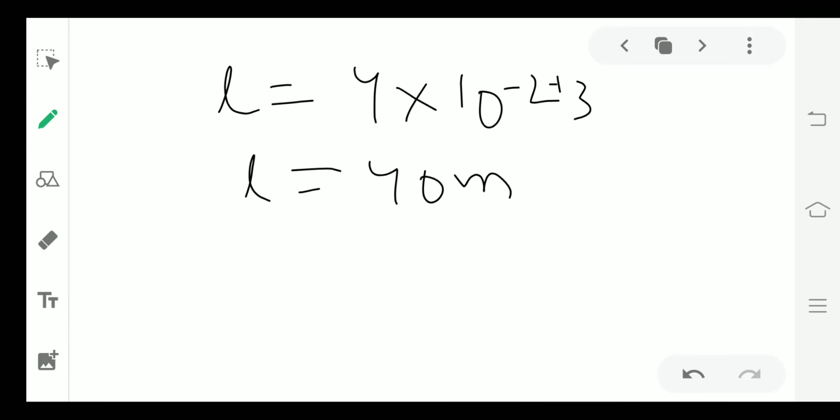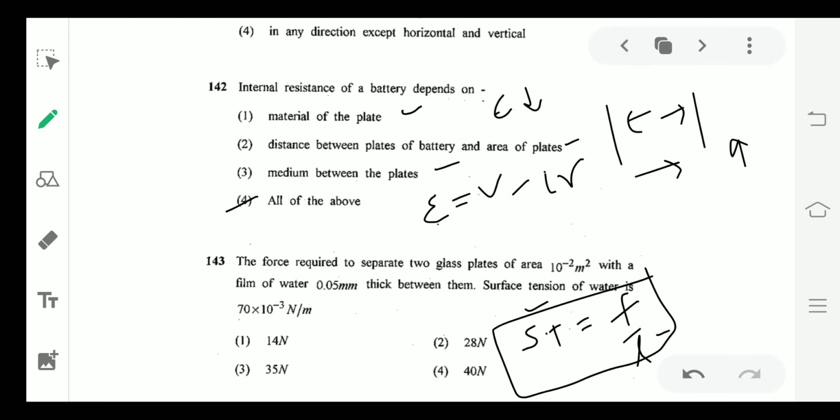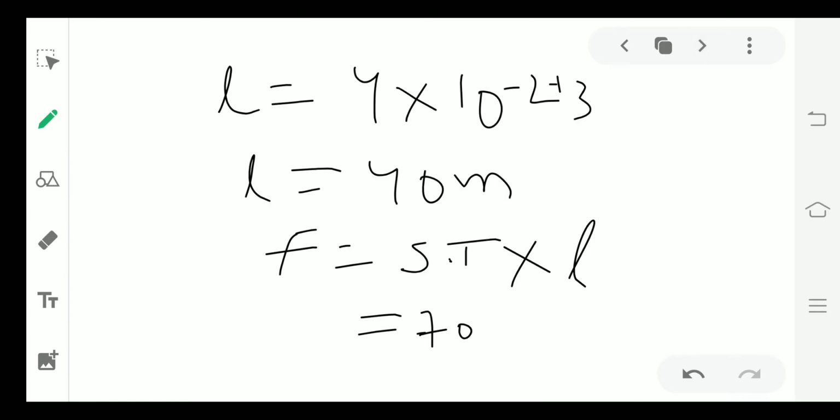So now the force required will be force equals surface tension into length. The surface tension is 70 into 10 raised to power minus 3 Newton per meter, and 40 meter of length.